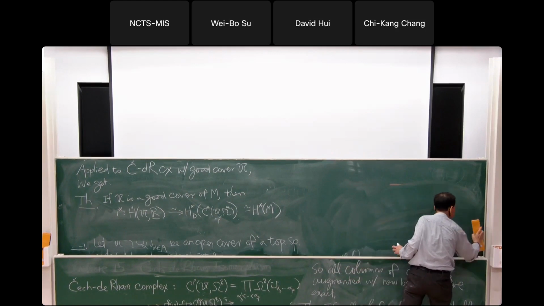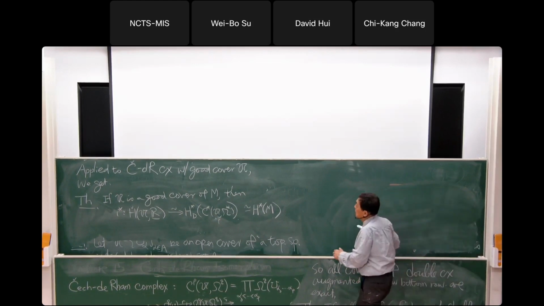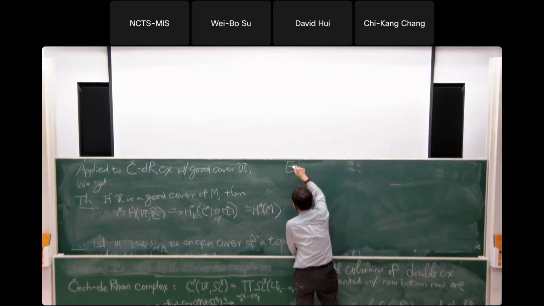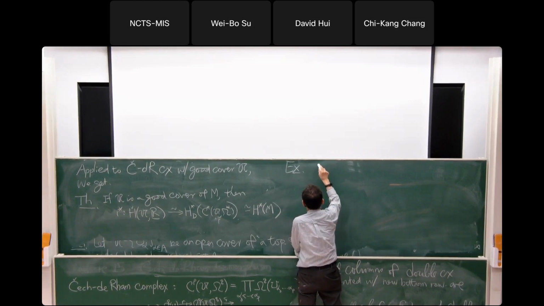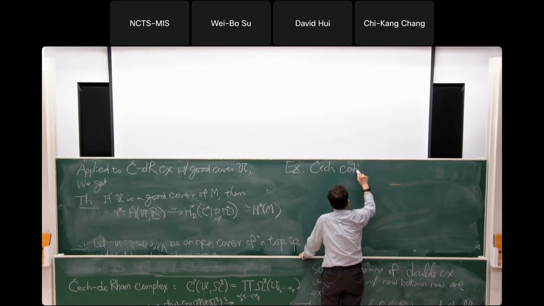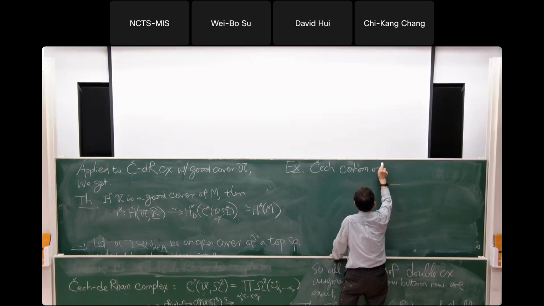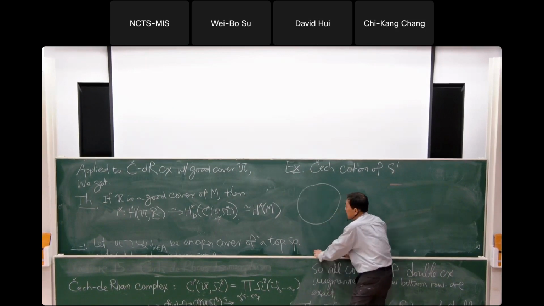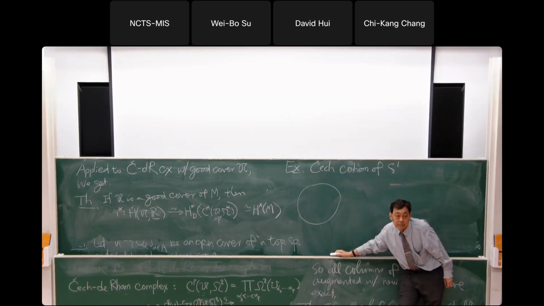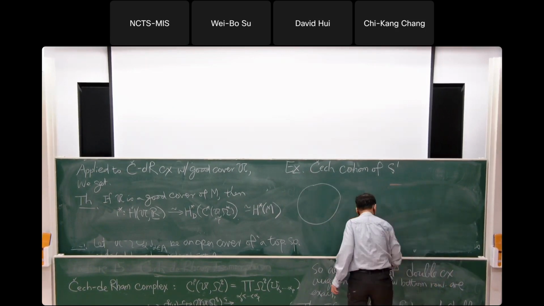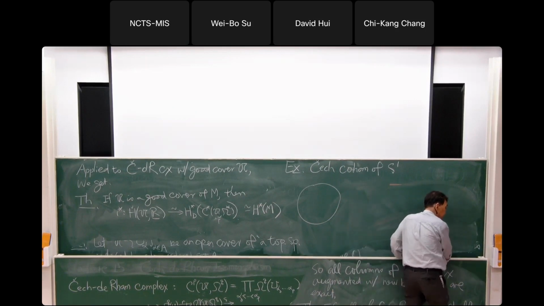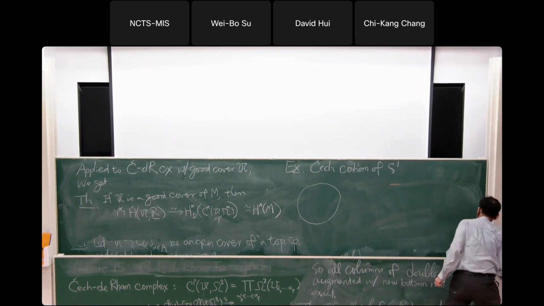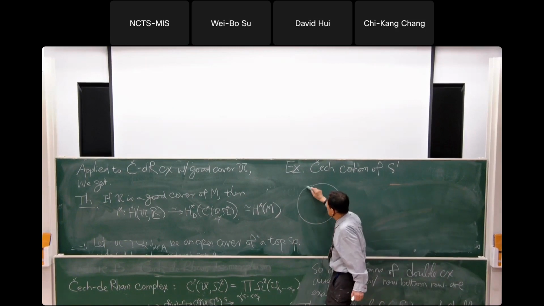So let's do the Cech cohomology of a circle. I have a circle and I need a good cover. So I choose an open set, like this arc.